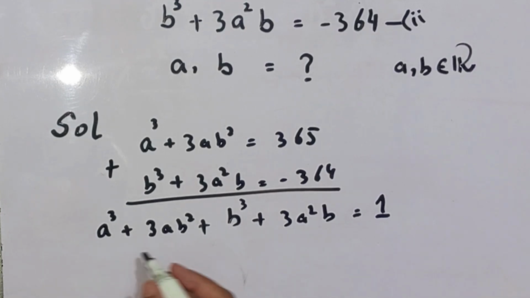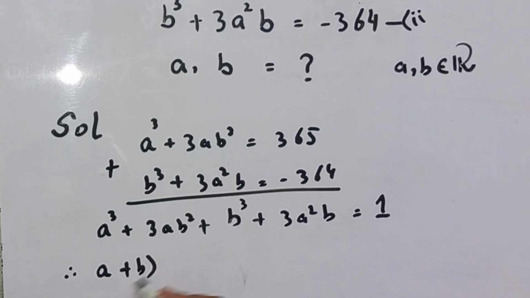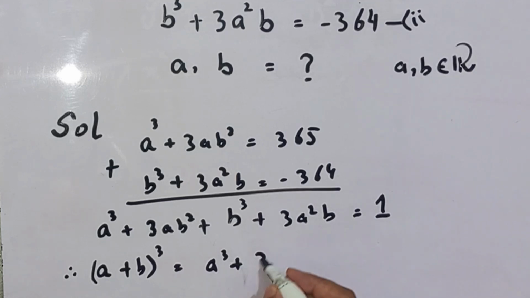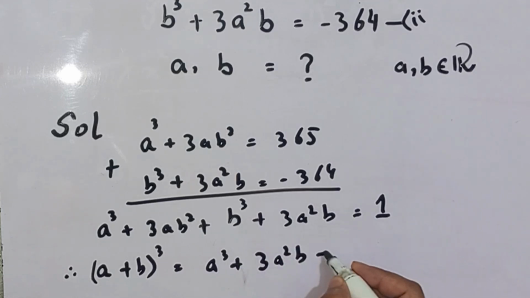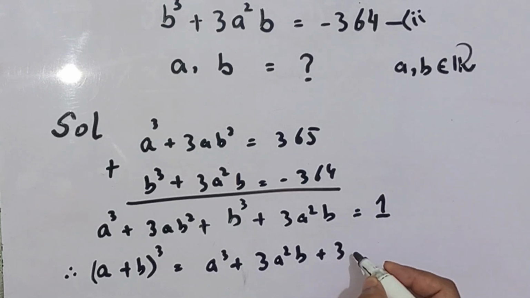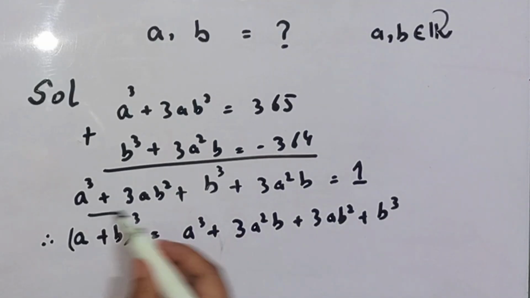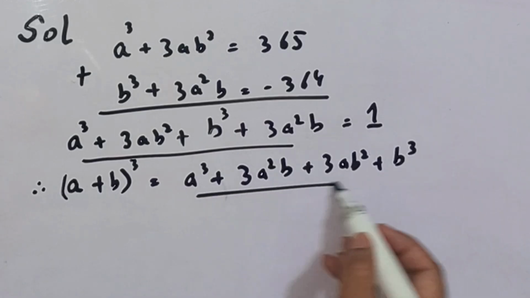Now here we recall the identity: a plus b whole cube is equal to a cube plus 3 a square b plus 3 a b square plus b cube. Focus on the left hand side and this side of the equation.